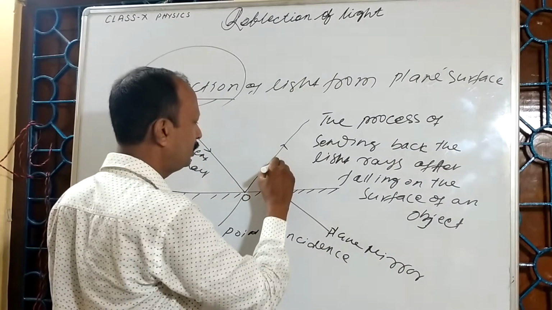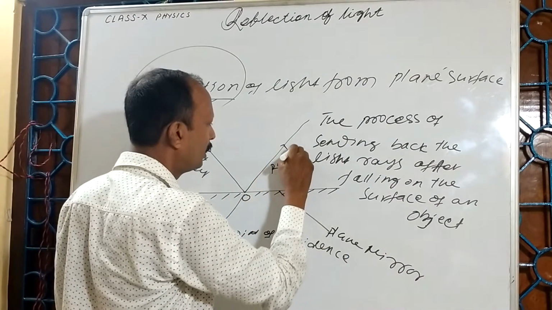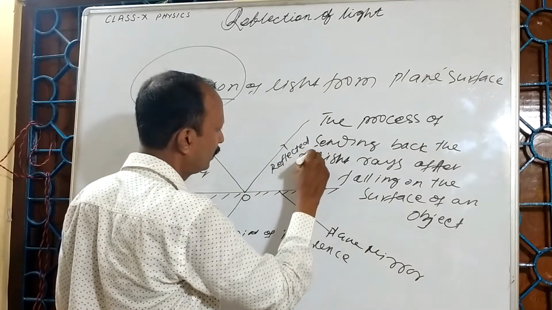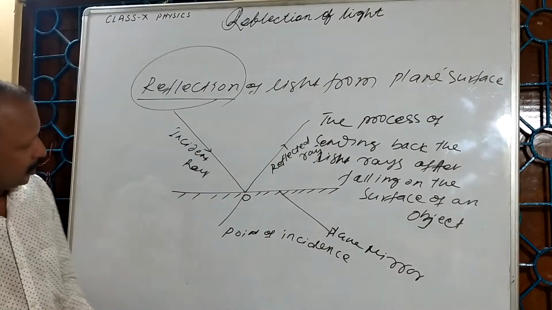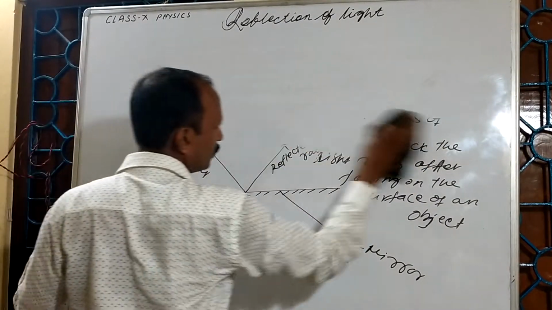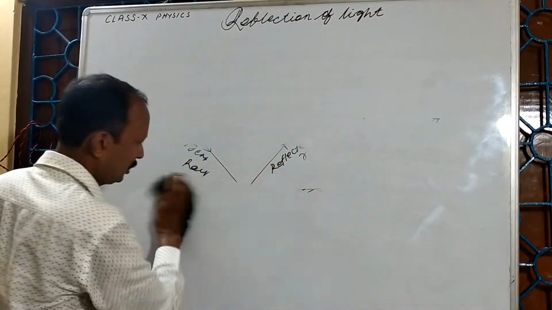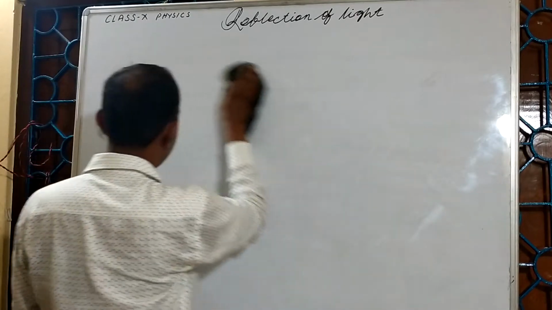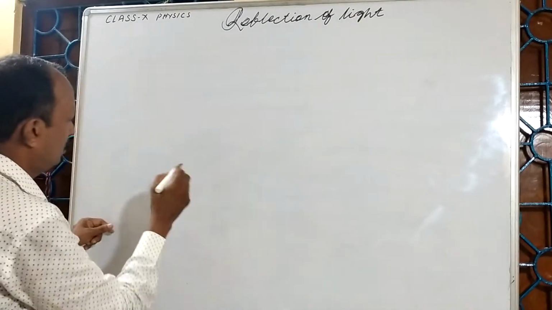This ray is called the reflected ray. So better I shall draw all concepts somewhat more clearly. I shall try to explain through this picture diagram.